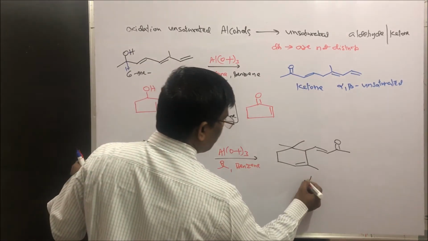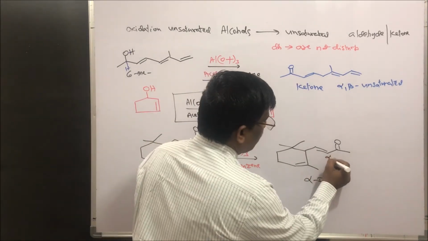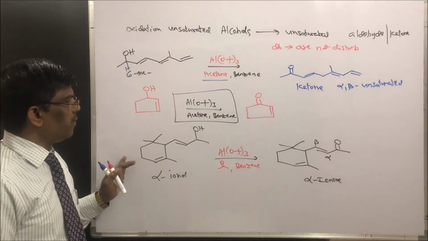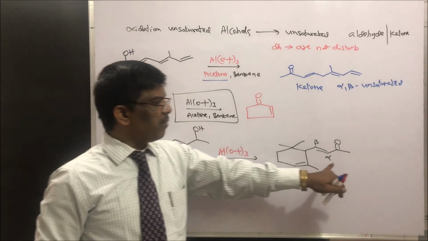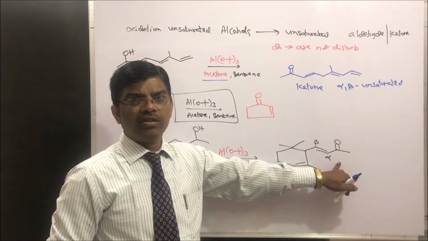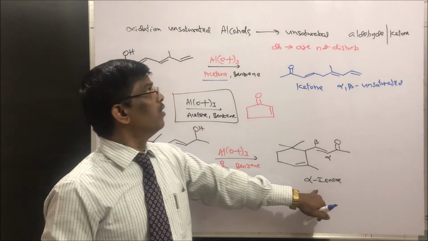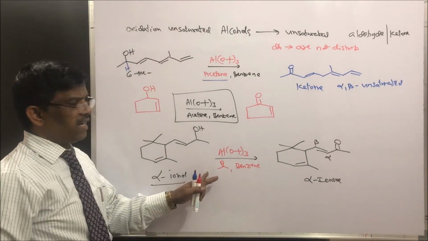This is alpha ionone. Alpha beta unsaturated alcohols to alpha beta unsaturated ketones. This is how alpha ionol can be oxidized to alpha ionone using Oppenauer oxidizing agent.